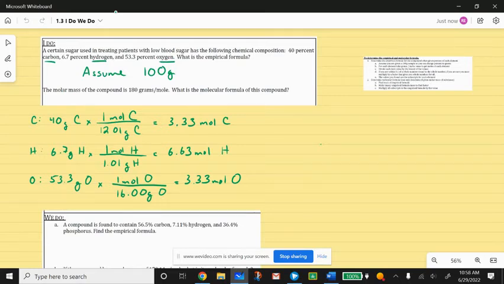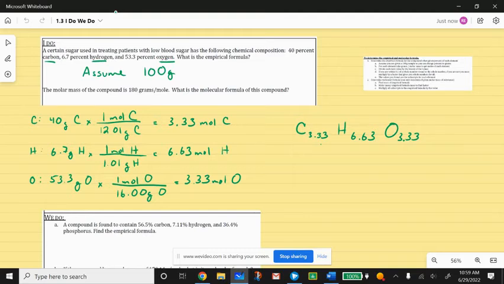Now, the easiest thing to do when you get to this point is just to divide everything by the smallest number of moles. I'm going to write this out because here's what we have right now: C 3.33, H 6.63, and O 3.33, because those subscripts are really just mole ratios.